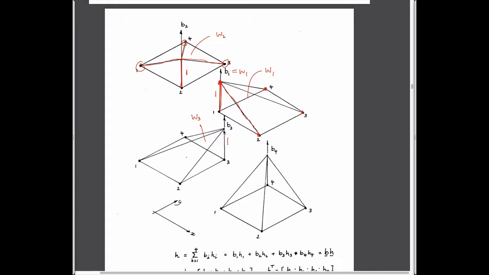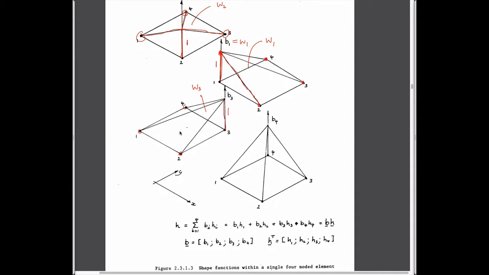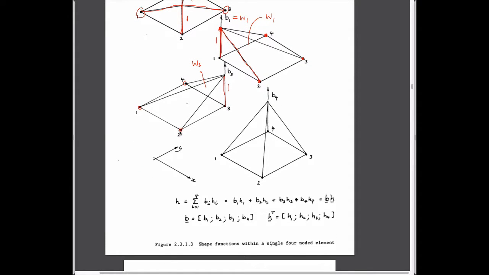Again, 1 at node 3 and 0 at all the other nodes. And likewise for the final one. And so what we'll do is we will replace this value for w, and we'll call it this function b. And b is the shape functions, so-called shape functions.